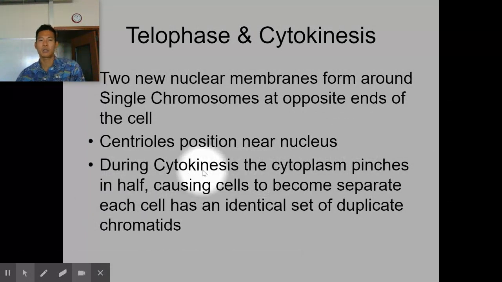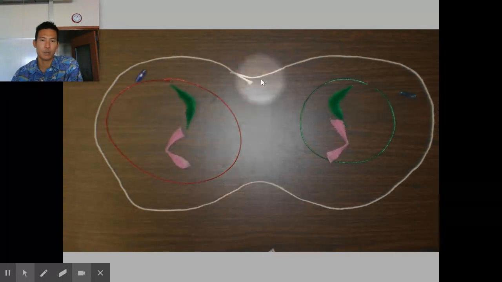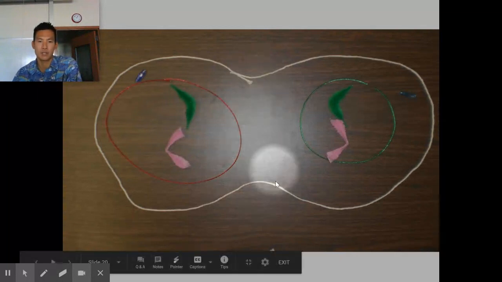Once cytokinesis happens, the cell has been split in two, and that signifies the end of the mitosis cycle, and you now end up with two identical cells.